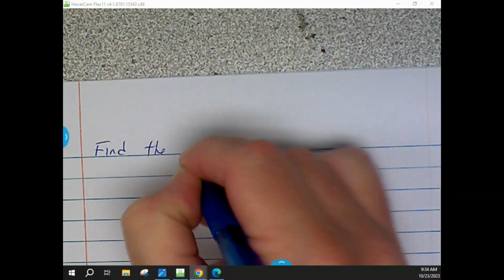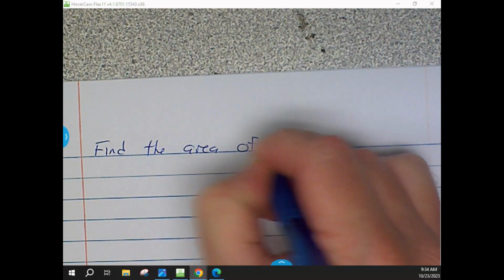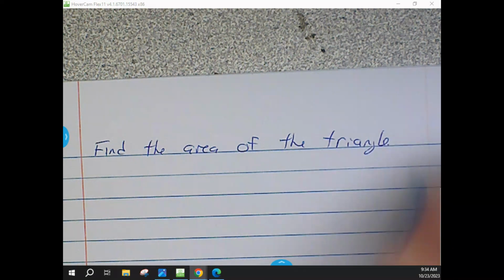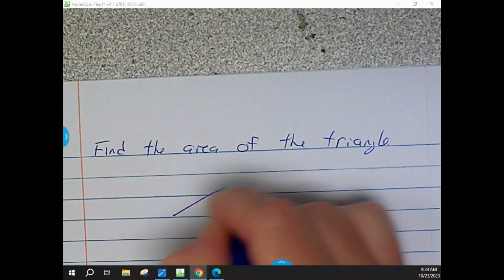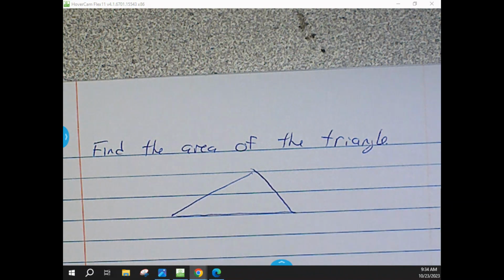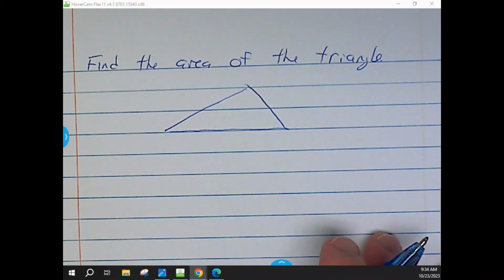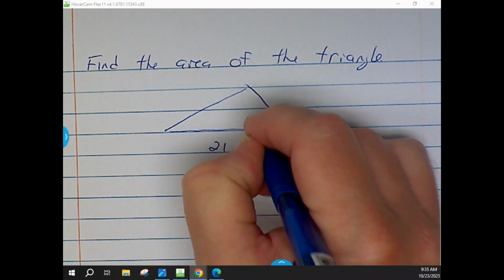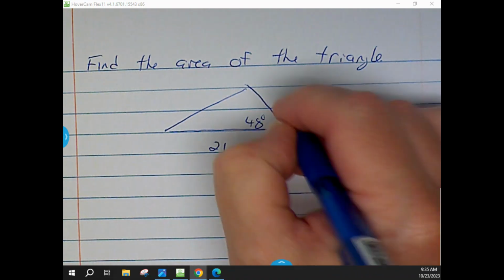Okay, so let's do this. Let's say we're going to find the area. If you're asked to find the area, it should be pretty straightforward because, again, it's not going to be a right triangle, but they're going to give you basically everything that you need. So we've got a side length of 21, this angle is 48 degrees, and the side length is 12.